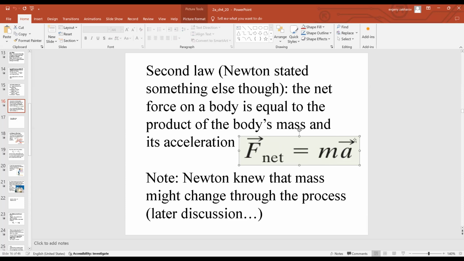Therefore, it must have much less acceleration so that the force is the same. For the moon, mass is less, but acceleration is much more so that the product is the same as we have for Earth. And because of acceleration being much more, we have the moon orbiting the Earth, not vice versa.